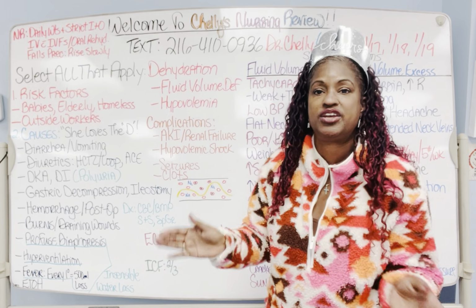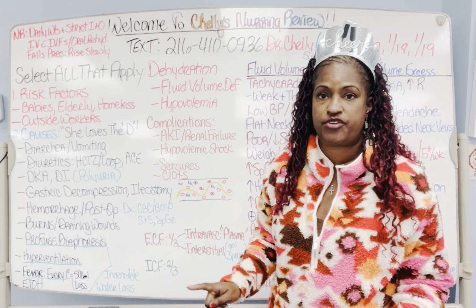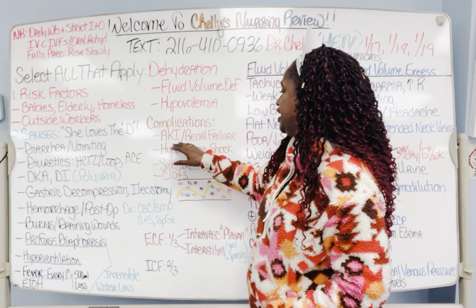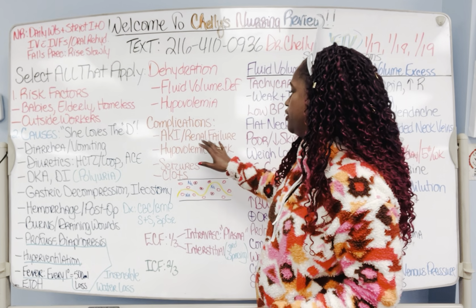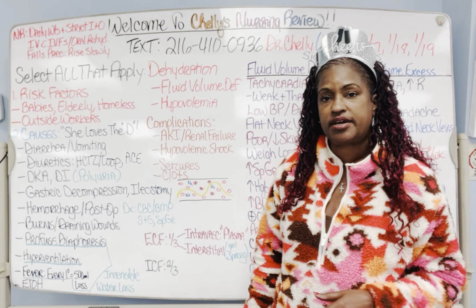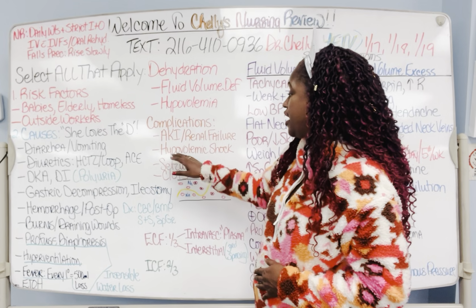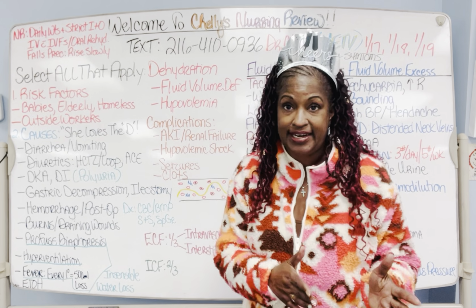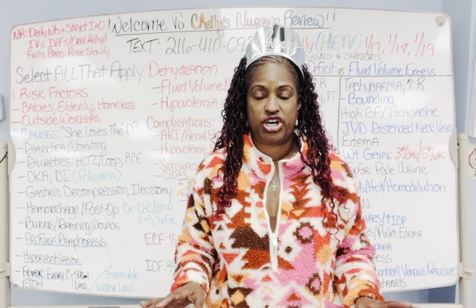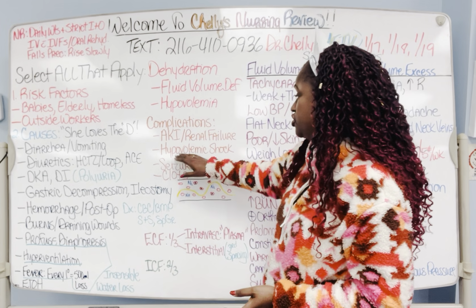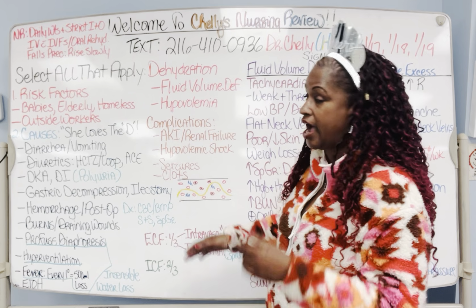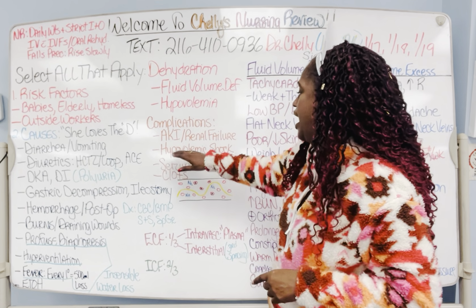No BP, no pee. You got to know that for the rest of your life. So acute kidney injury, which is another way of saying acute renal failure, is one of the number one complications. Another complication, because again, you have no blood pressure. And whenever there's no blood pressure, you are at risk for shock. What kind of shock? Common sense.